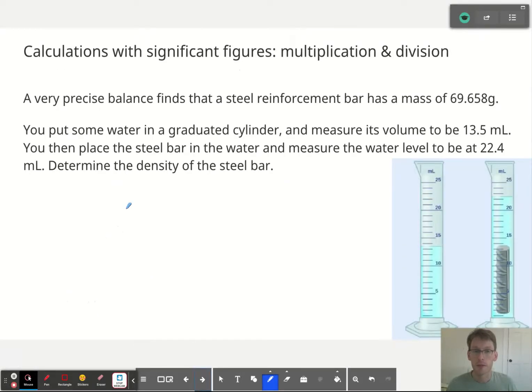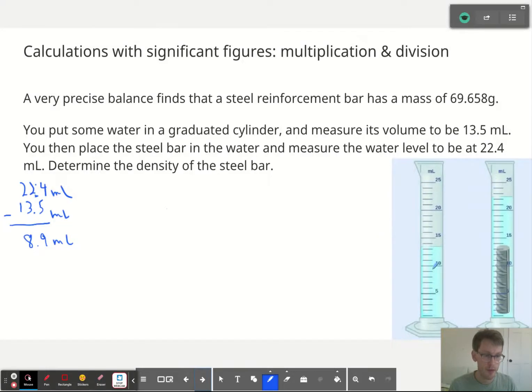Now, when we get to multiplication and division, we have to do things a little bit differently. So here we're going to be calculating the density of a piece of steel. For volume by displacement, we have 22.4 minus 13.5, which is 8.9 milliliters, the volume of the piece of steel.